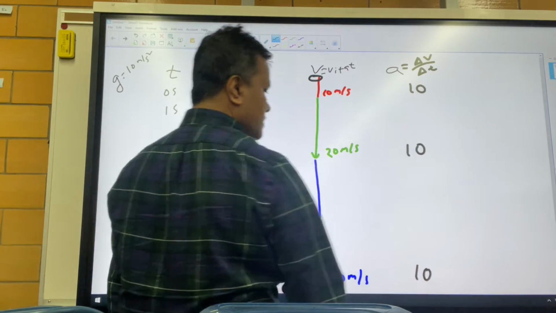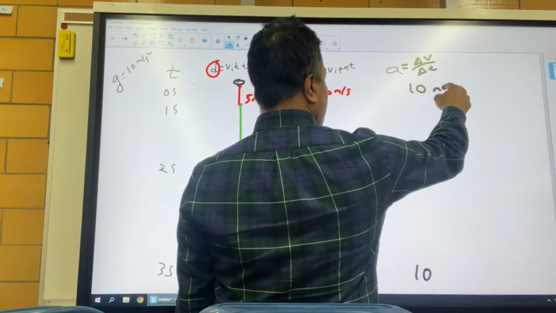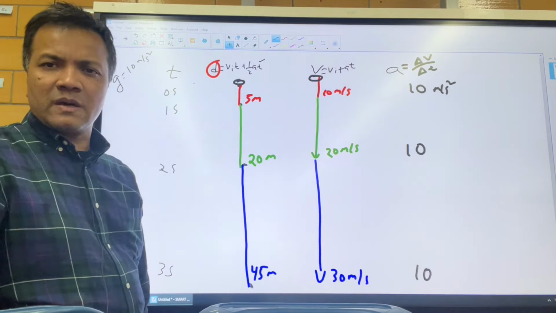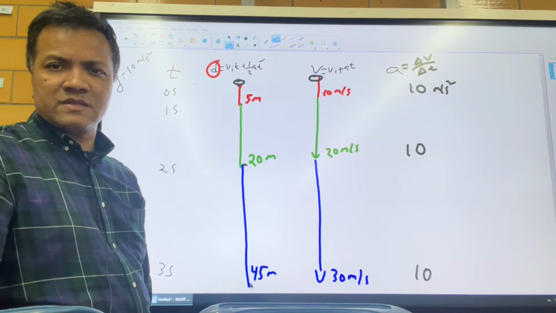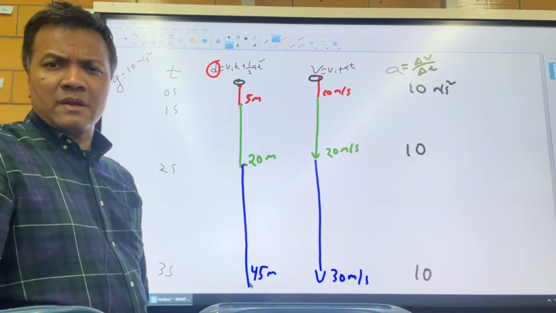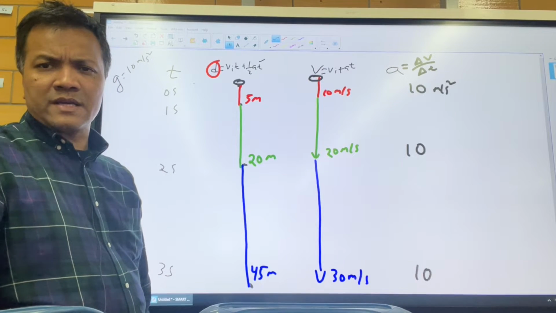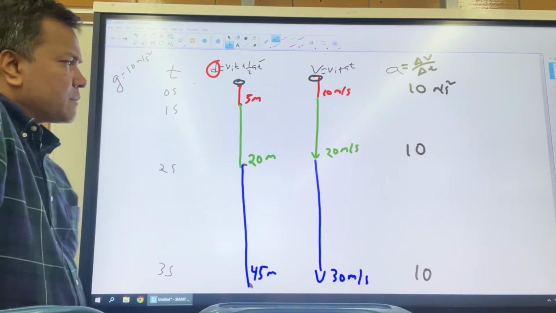So what we learn from this problem is that the acceleration is constant, the velocity is increasing, the distance of course increases quadratically, and the velocity increases linearly. And of course the acceleration remains constant. It doesn't depend on the time.